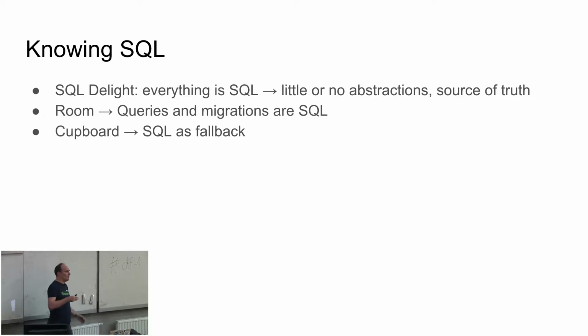My Cupboard framework takes another approach. It doesn't let you do all the advanced things that SQL allows, but it also hides a lot of SQL for that reason. So in Cupboard, we're using SQL mainly as a fallback.